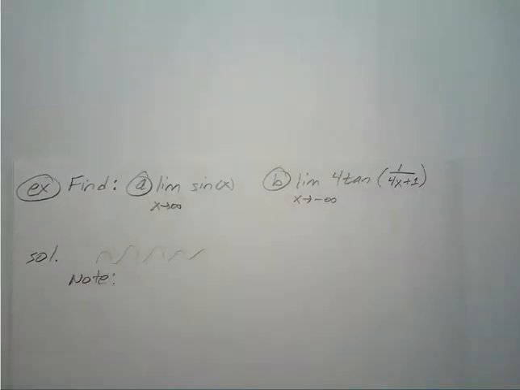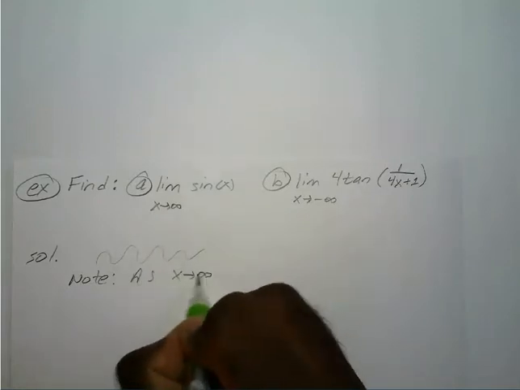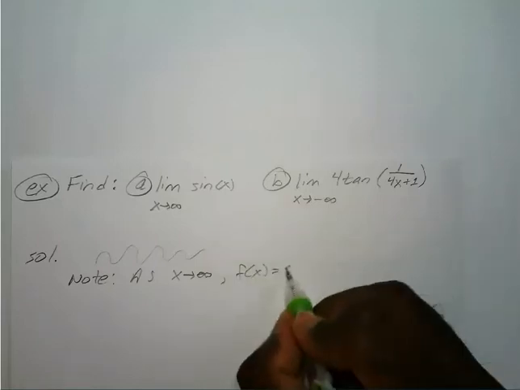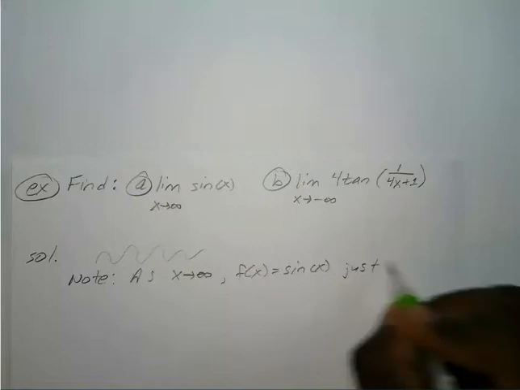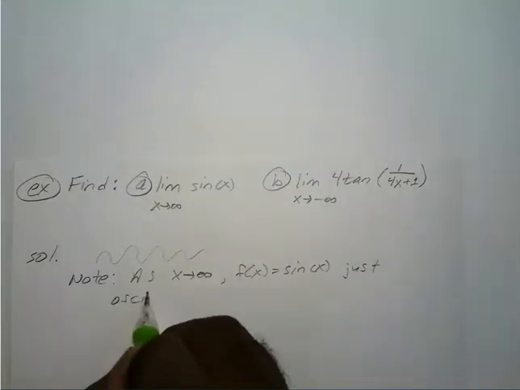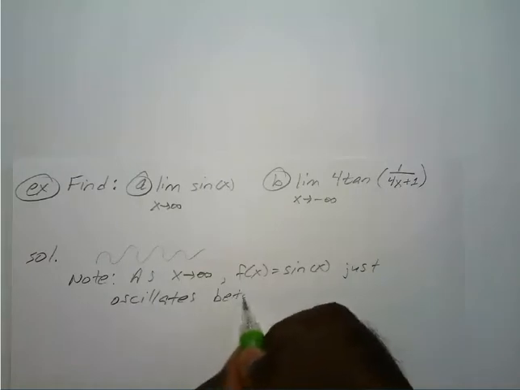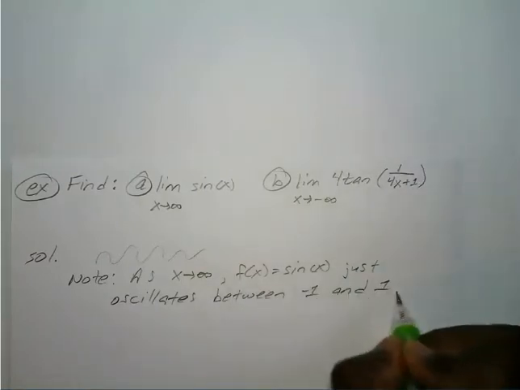So, quick note, as x approaches infinity, f of x equals sine of x just oscillates between -1 and 1.